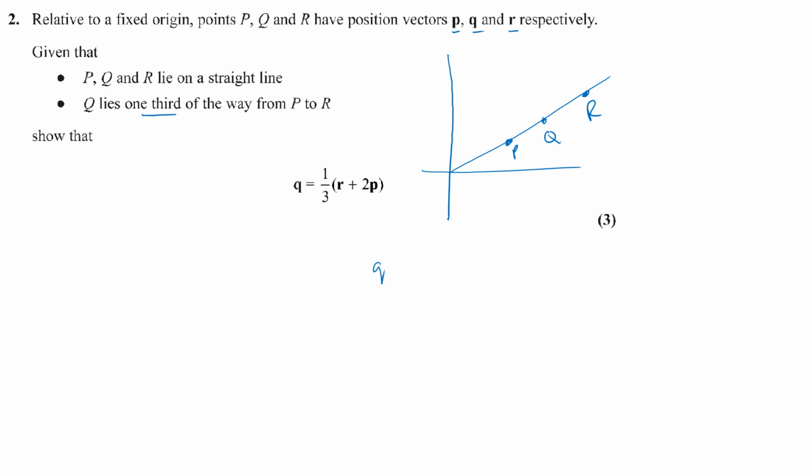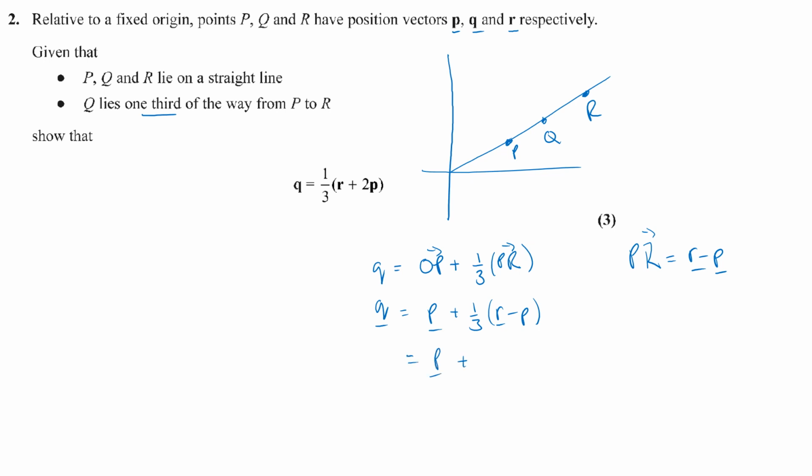So if we get to Q, we can get to P, O to P, plus 1/3 of the vector from P to R. Now P to R using reverse vectors is just going to be r minus p, and O to P is p, so q is equal to p plus 1/3 of (r minus p), which is equal to p plus 1/3 r minus 1/3 p.